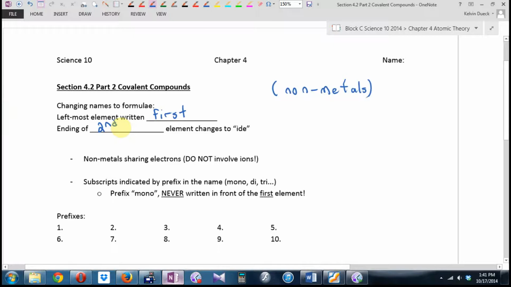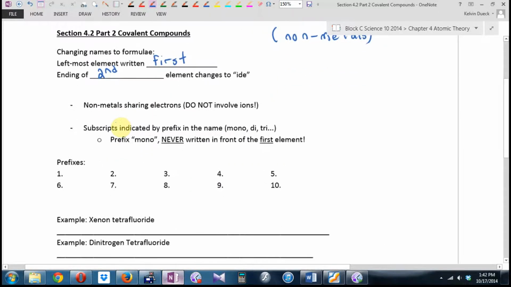So far, nothing really new, because for ionic, the metals were on the left anyways, and the right-hand non-metal changed to "ide." Nothing new there. But remember, these are non-metals sharing electrons. And so what we do is we indicate the subscripts, these numbers, by a prefix in the name.